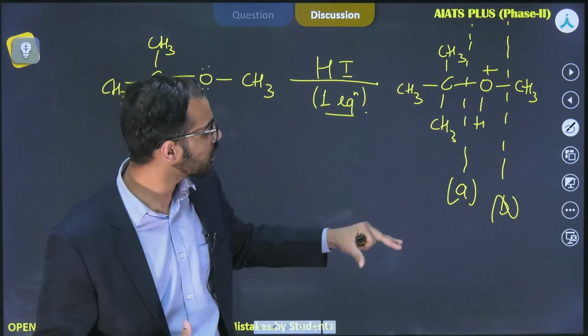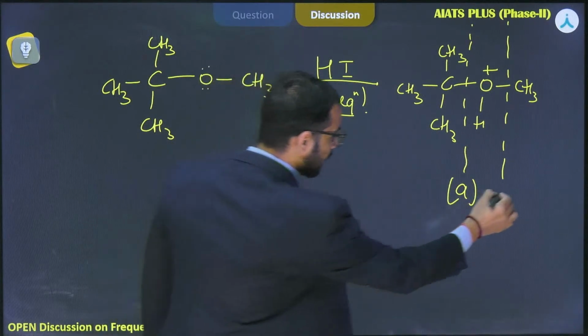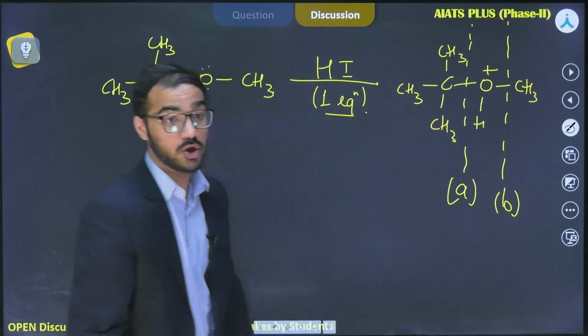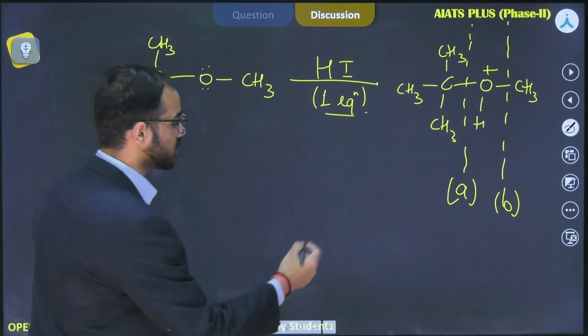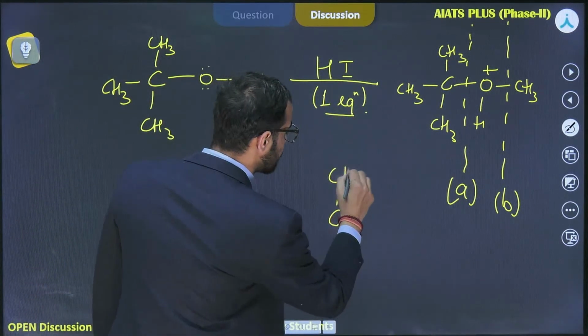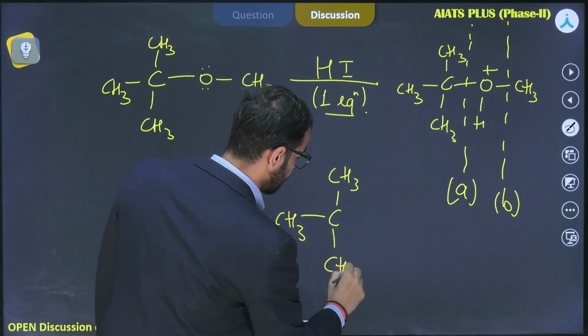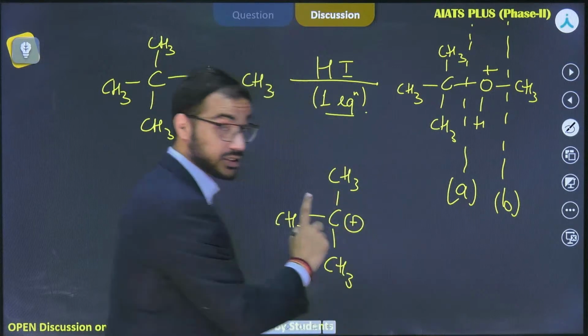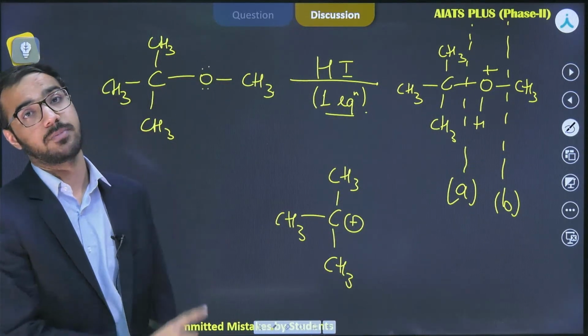In the very first case, if you are cleaving from A, you will get a very stable carbocation. Which is it? CH3CH3CH3 positive. This is the carbocation, and that carbocation is very stable over here.